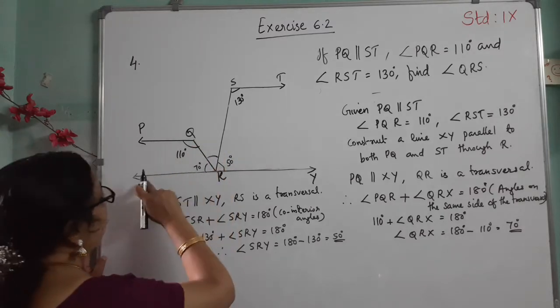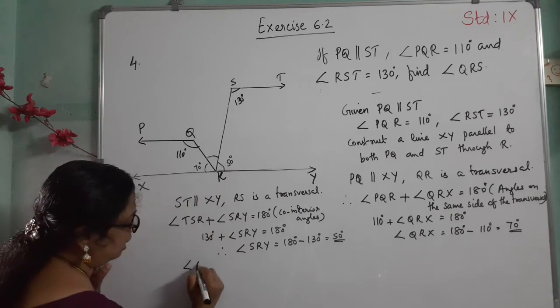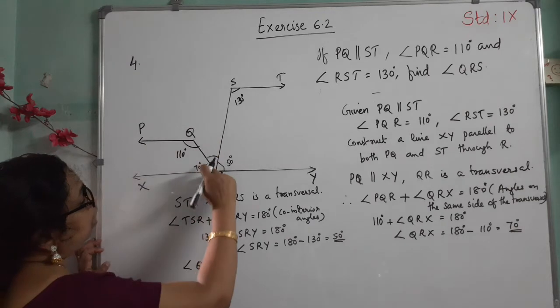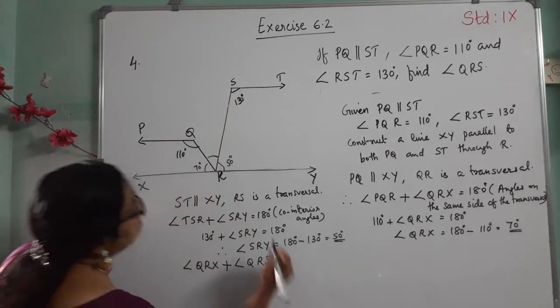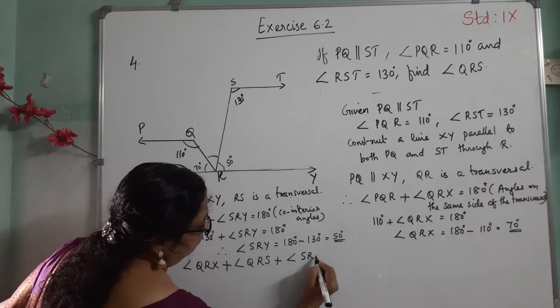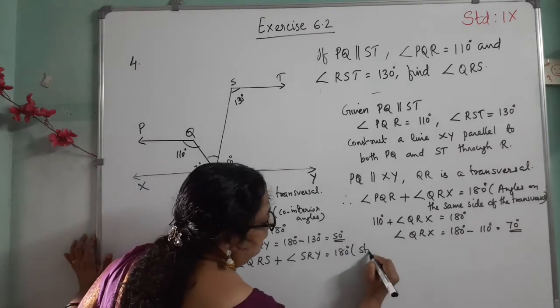So next we can write angle QRX plus angle QRS plus angle SRY equals 180 degrees. That is the straight line measure.